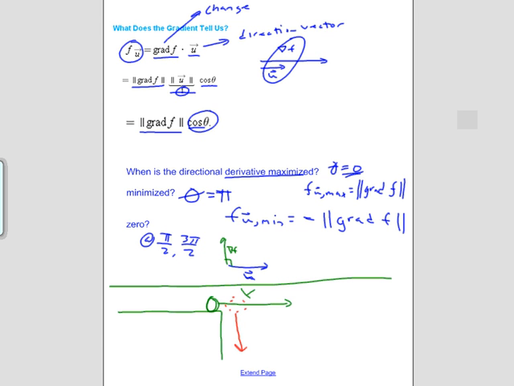This v is my direction, and gravity is this del f. We know from physics that for that instantaneous moment when it comes off in a horizontal direction, gravity is pulling down, but it's moving in the x direction.